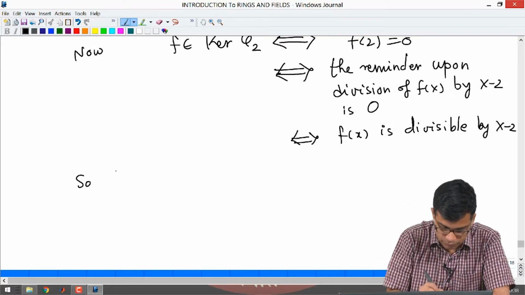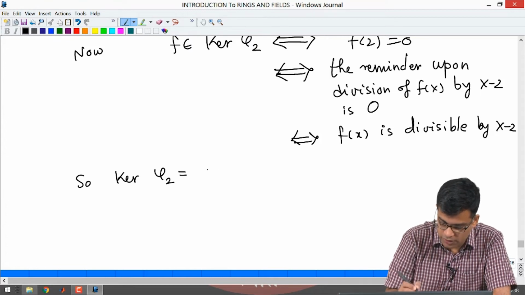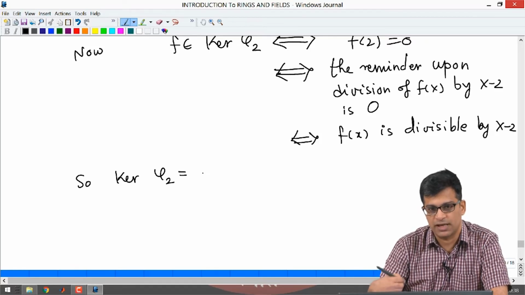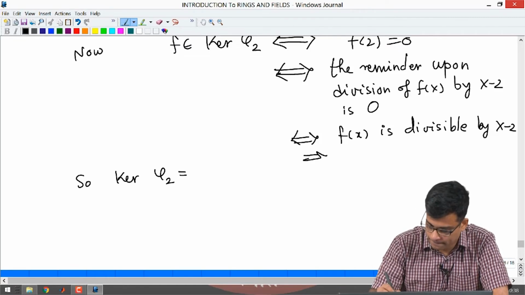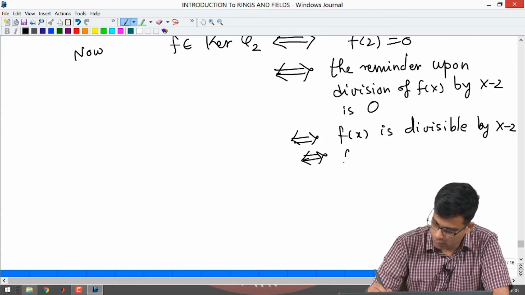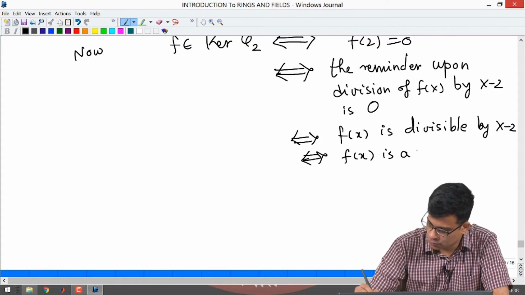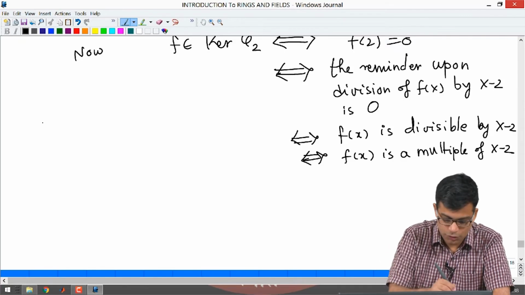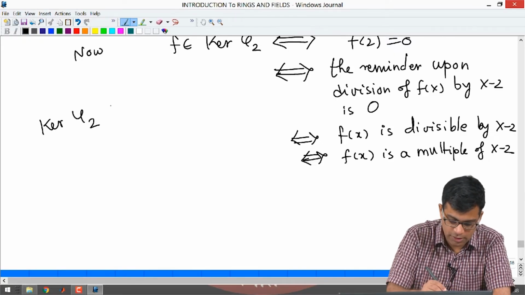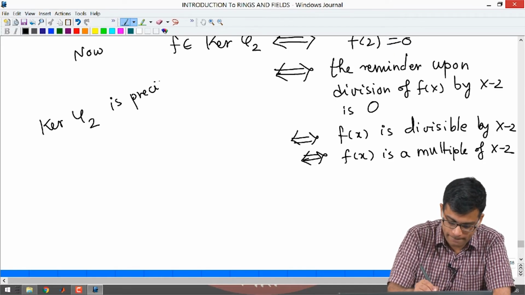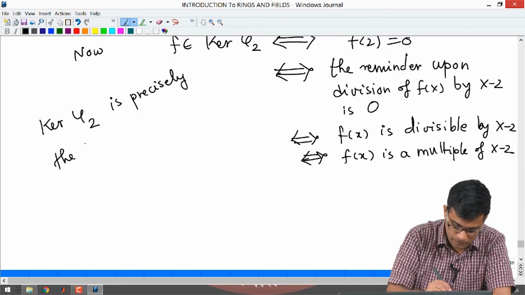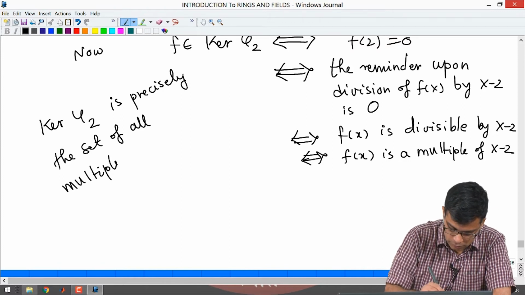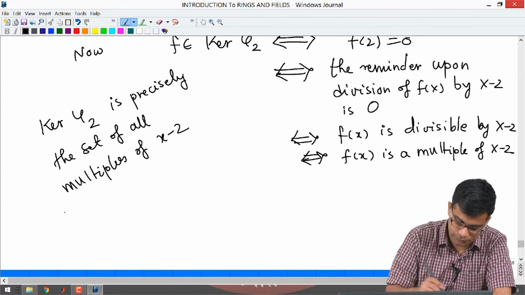So, the kernel of phi 2 is precisely when f(x) is divisible by x minus 2, that is another way of saying f(x) is a multiple of x minus 2, right. So, in other words, the upshot of all this is the kernel of phi 2 is precisely the set of all multiples of x minus 2.